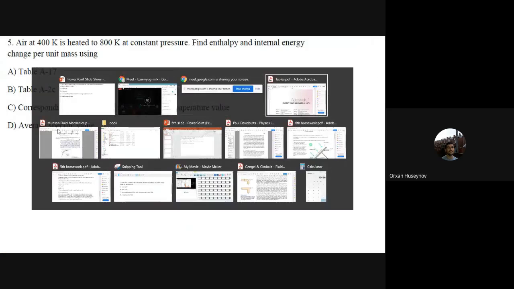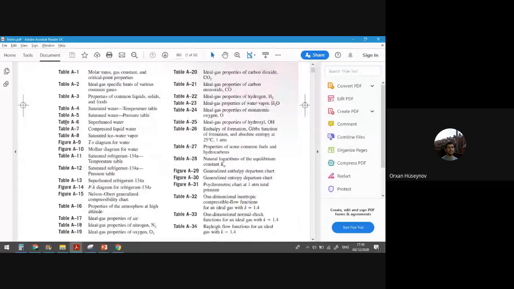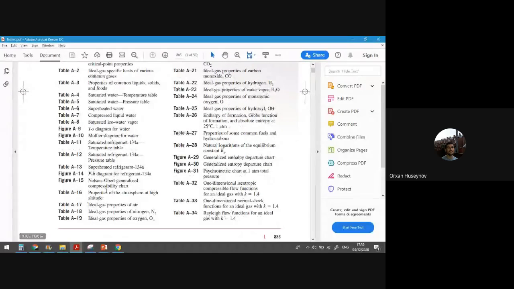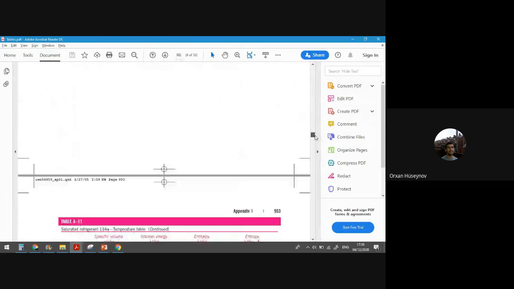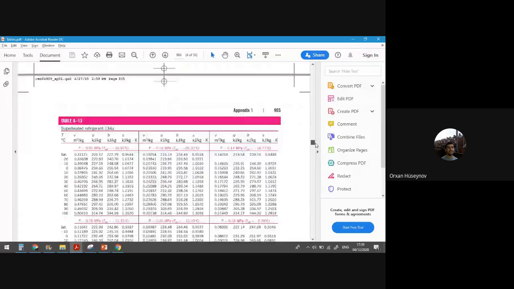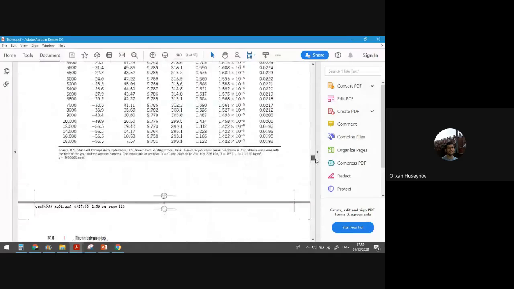This is the question. First, I should go to table A17. If you go to the back of the tables here, you can see that A17 is ideal gas properties of air. So I will go to that A17 here.